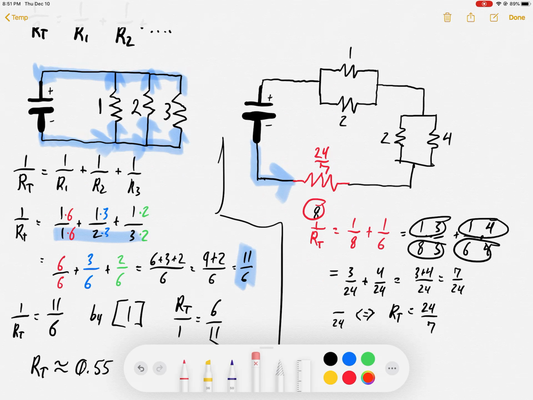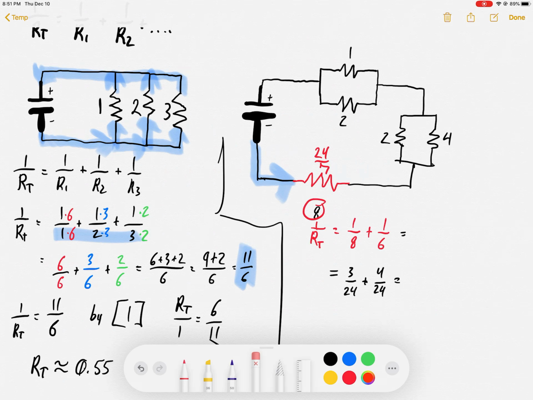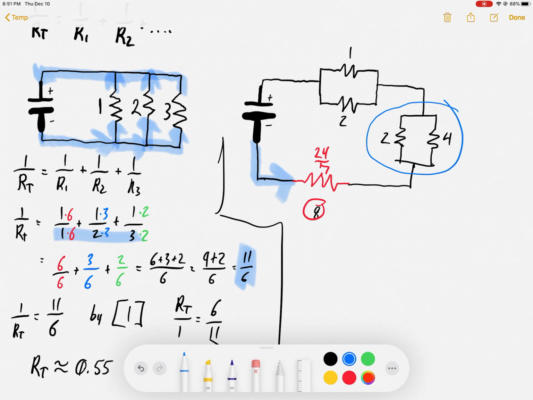And we can repeat this process now. I'm looking at that resistor now. So the total resistance is 1 over 2 plus 1 over 4. This is 2/4 plus 1/4, which is 3/4.